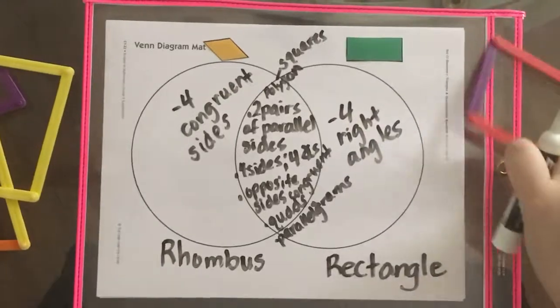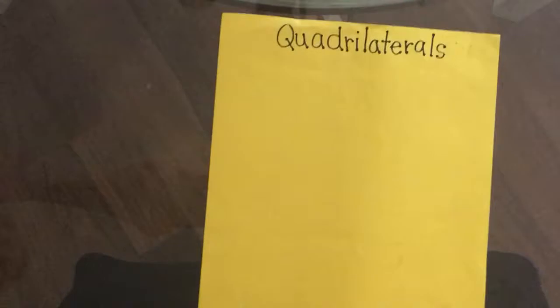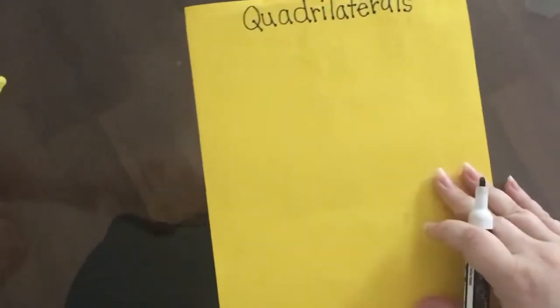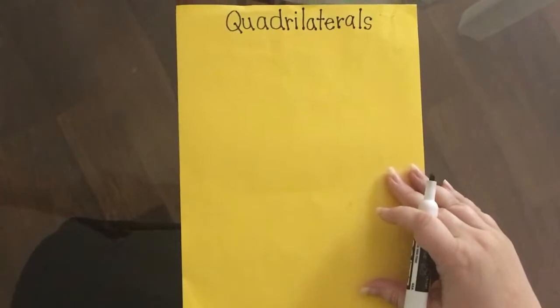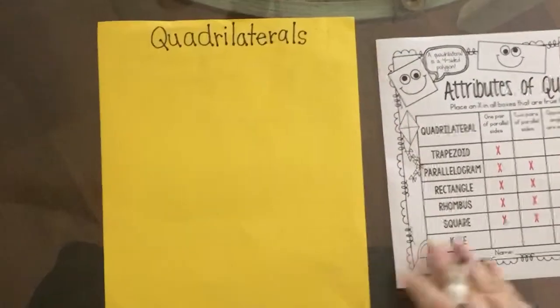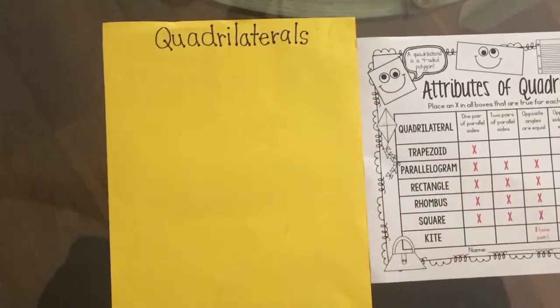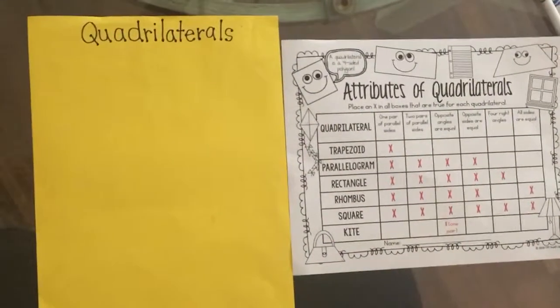We're going to demonstrate how we can help the students to form a flow chart, almost like a family tree of quadrilaterals. Again, your attribute chart from the prior day will come into play because you're wanting to note all of the relationships between each of the shapes.